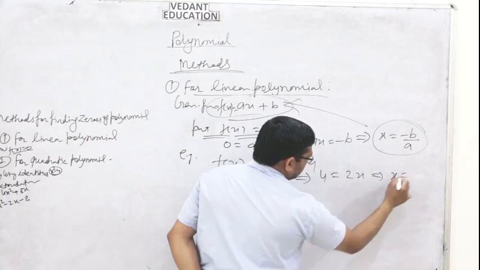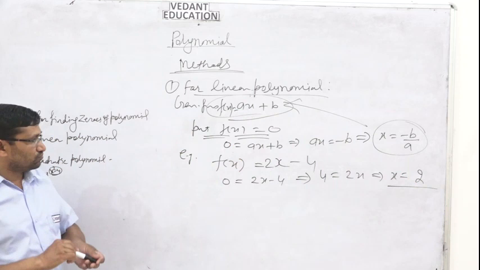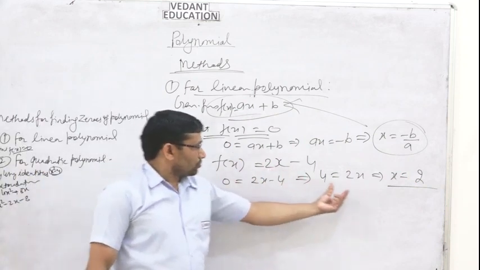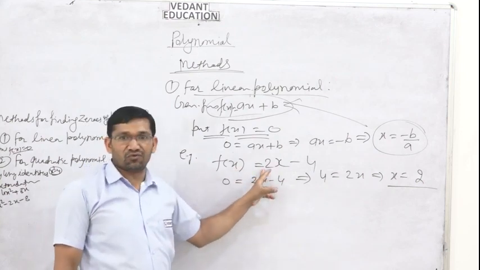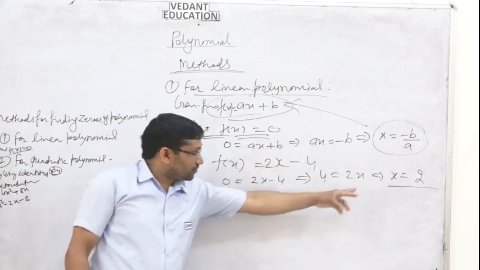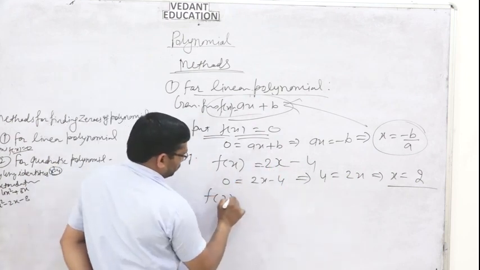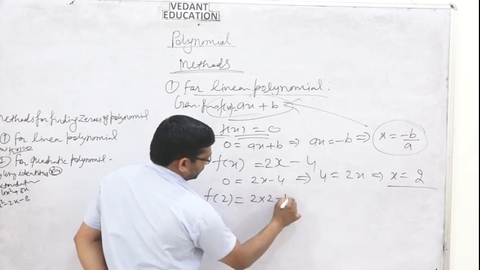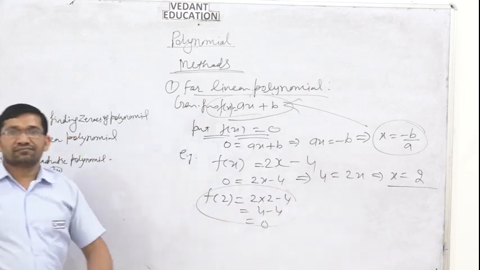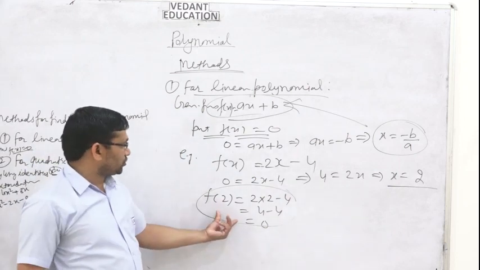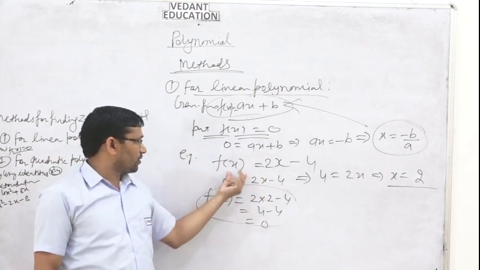That is x is equal to 2. So x is equal to 2 is the zero of this polynomial f(x). If we put x is equal to 2, then f(2) is 2 multiply 2 minus 4, that is 4 minus 4 is equal to 0. It means x is equal to 2 is the zero of f(x).